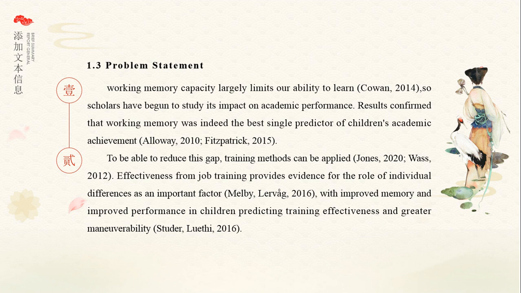To be able to reduce this gap, training methods can be applied. Effectiveness from training provides evidence for the role of individual difference as an important factor, with improved memory and improved performance in children predicting training effectiveness and greater maneuverability.